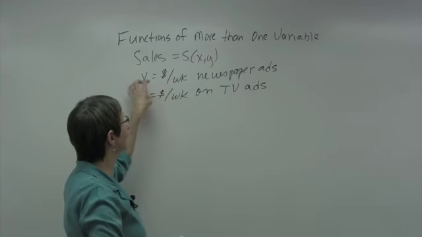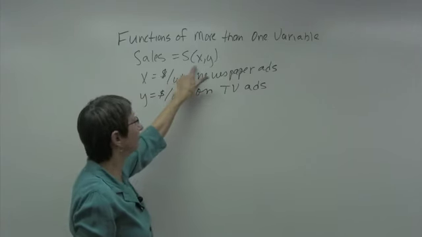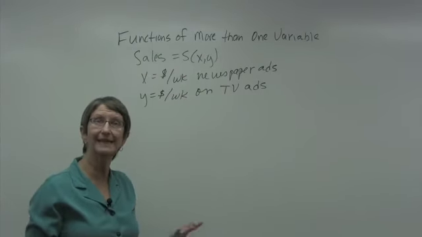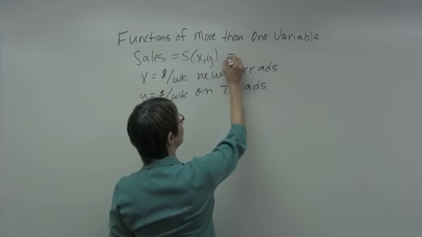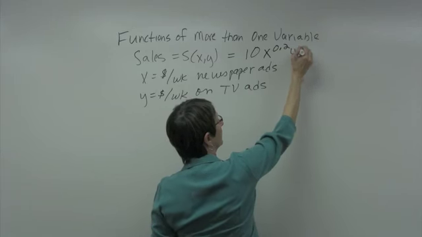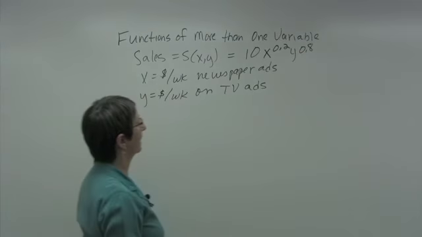So this is the amount of money that's spent on the advertising, and S for sales is the resulting sales for that week in dollars. And the function is 10 times x to the 0.2 power times y to the 0.8 power.